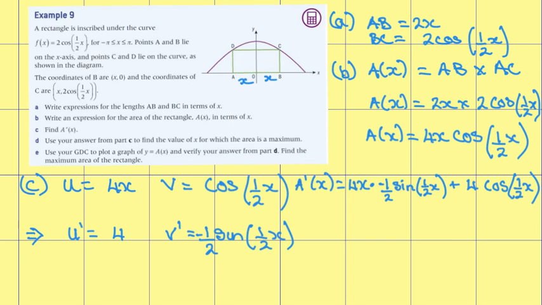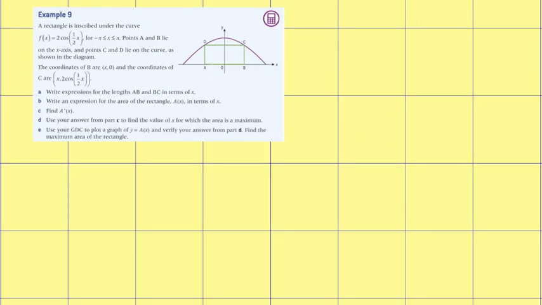Therefore, A dash of x is equal to 4x times minus half sine half x plus 4 cos half x. When tidied up, A dash of x is equal to minus 2x sine half x plus 4 cos half x.